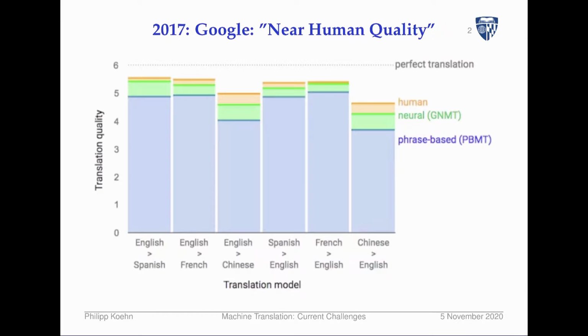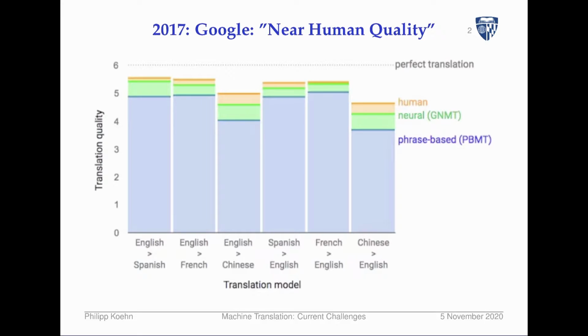A year later, pretty much every large provider of machine translation switched to neural machine translation. That's also why I can only show it for 2016, because in 2017 hardly anybody still bothered to build statistical machine translation systems.